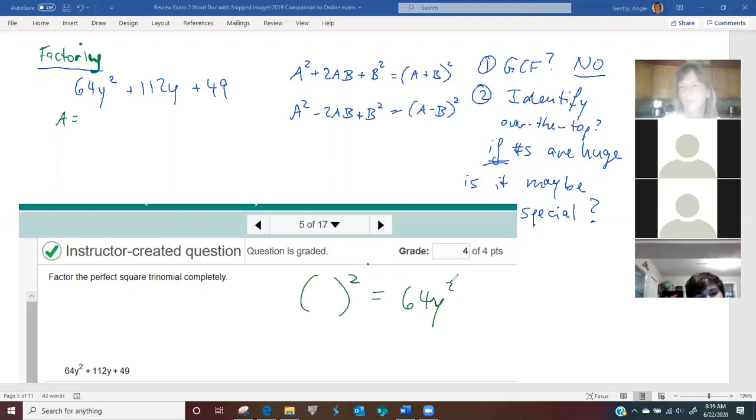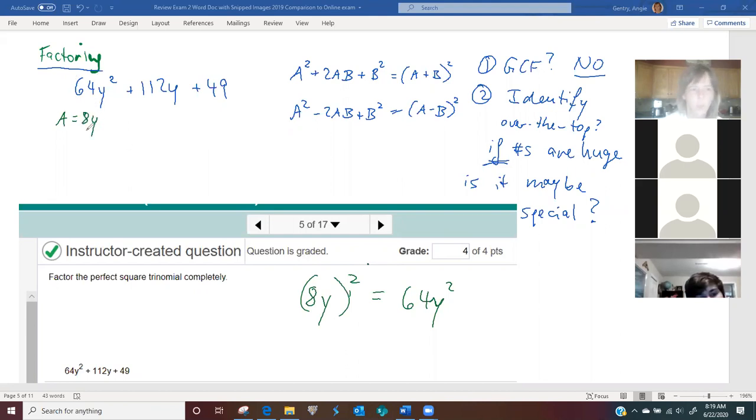Do you see? Everything inside gets that exponent. So what would have to be here number-wise to make that 64? 8. And what would have to be the variable? It has to be y. Do you see how this quantity squared is 64y squared? True. So you say, is this something squared? Yes, that something is 8y.